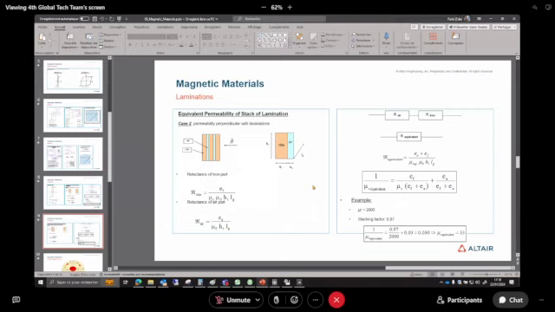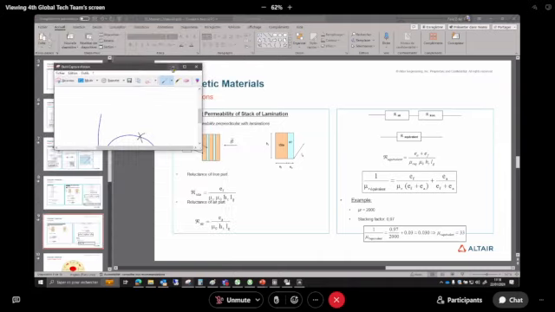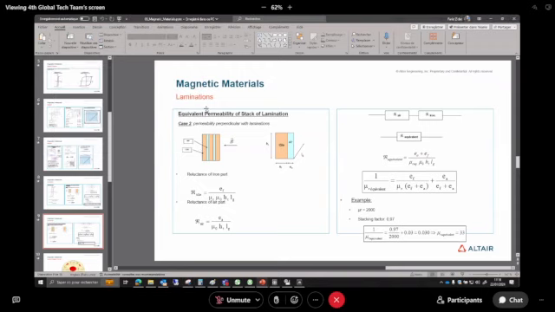If I have a lamination perpendicular to the magnetic field, this is really bad. What does it mean? It means that in my machine, instead of having a lamination like this, I will have a lamination like this, and so on. And actually, this is really bad because I will cut the path of the magnetic flux.